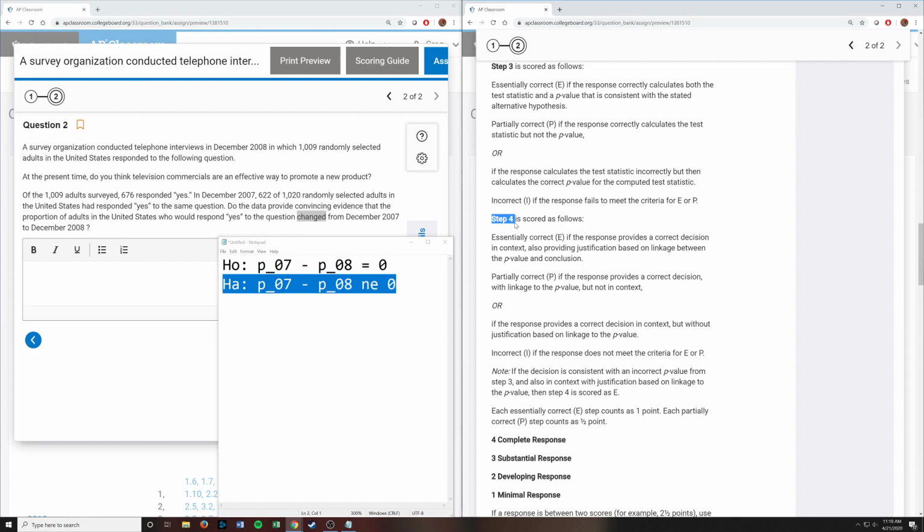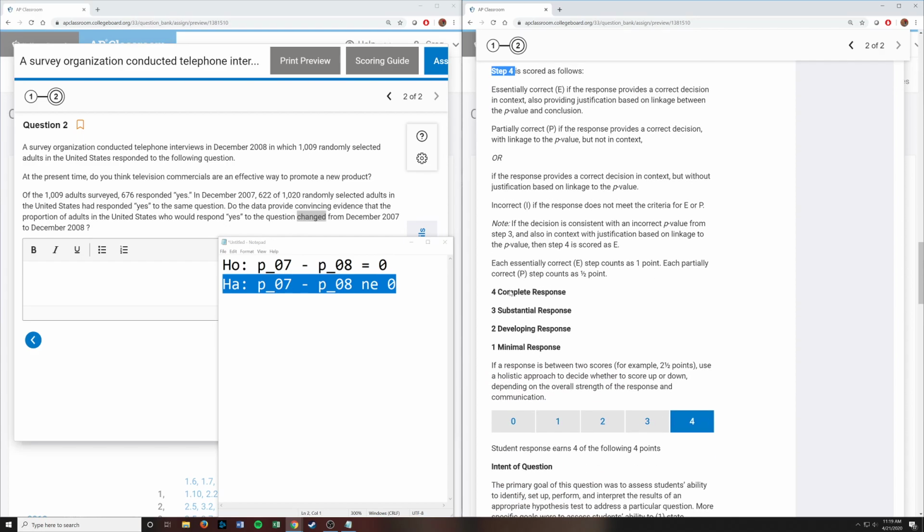You could make up a p-value for step 3 and get an I for step 3. But if you interpret it correctly and make the right decision, you can get an E for step 4. I think that's pretty cool. Because getting an E on any part of any problem is pretty good. Okay, and based on your responses, E's are worth a point, P's are worth half a point, 4 is the highest you can get. That's if you got all E's, so on and so forth.